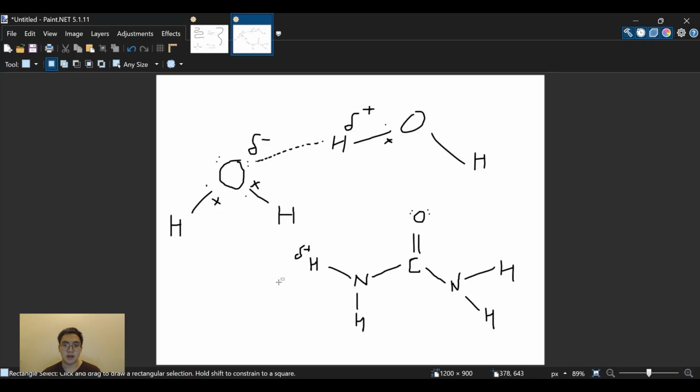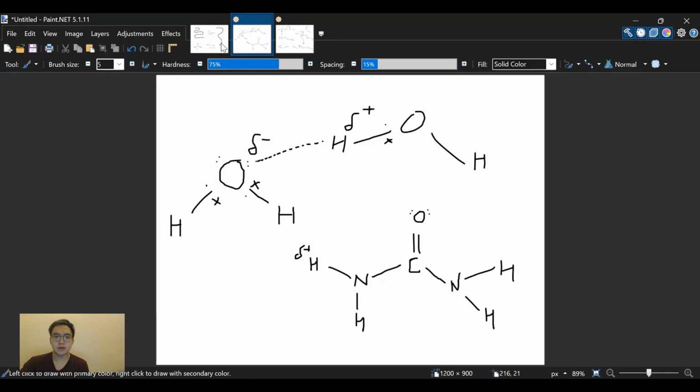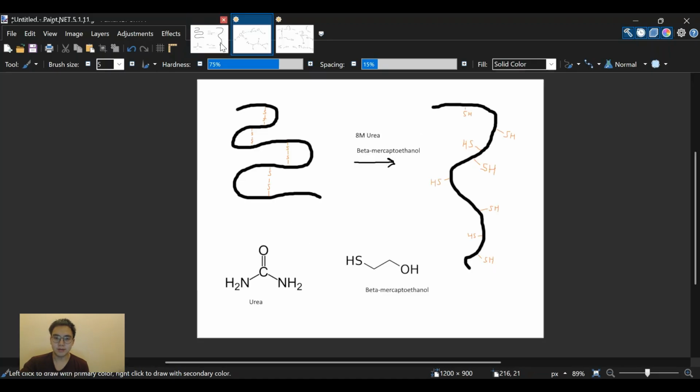The delta negative oxygen will bond to delta positive hydrogens in the protein, and the delta positive hydrogens on the urea will bond to the delta negative elements of the protein, and therefore breaking the hydrogen bonds and causing the protein's denaturation. So then let's think about the next thing, the beta-mercaptoethanol.